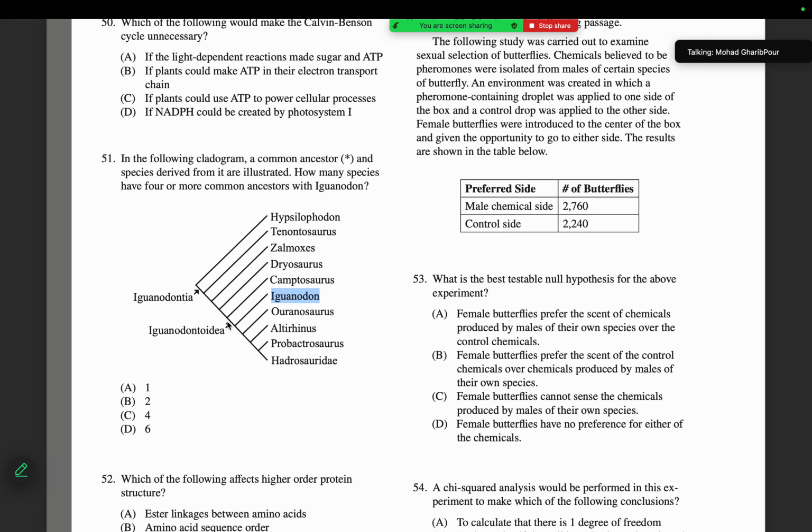Okay. Wait, shouldn't it actually be 5? Not this. 1, 2, 3, 4. 1, 2, 3, 4. What the heck? Common ancestor. Where are you getting 5 from?